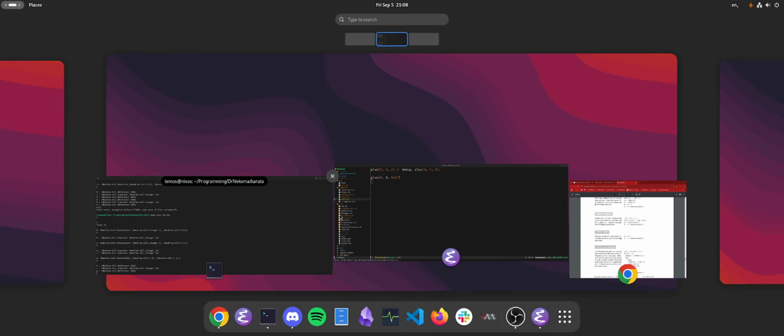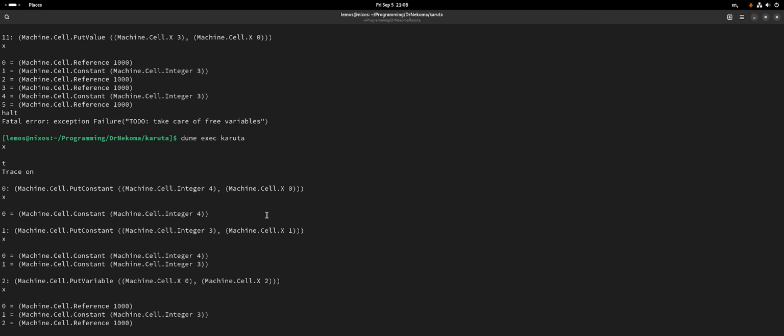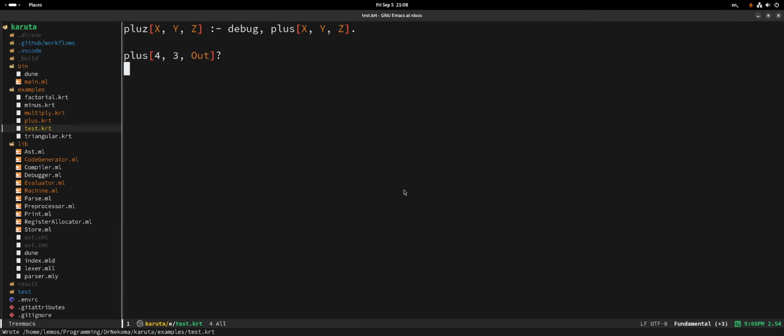I'm confused. Here's the problem. We should never allocate x0 when we're preparing to call a three-place predicate. We should start allocating from x3, not x0. That's the problem.